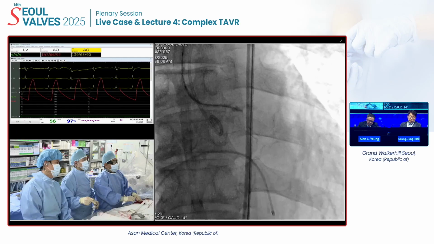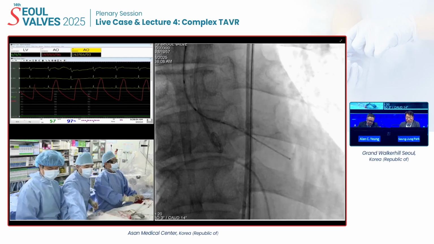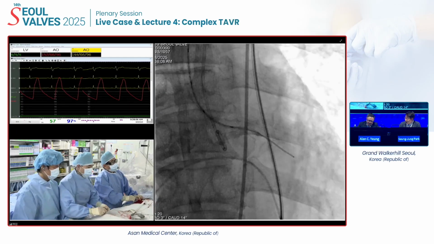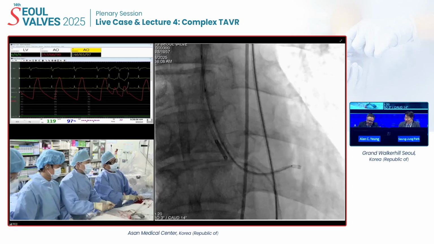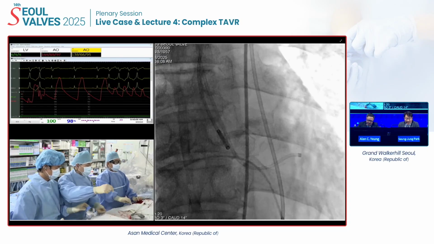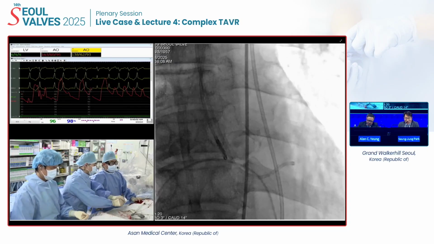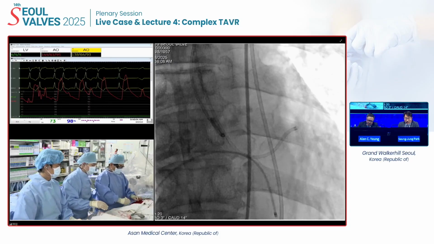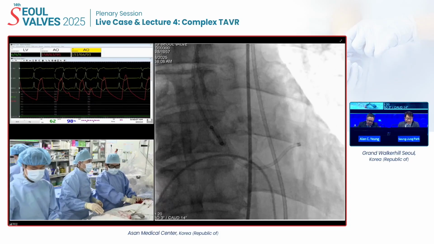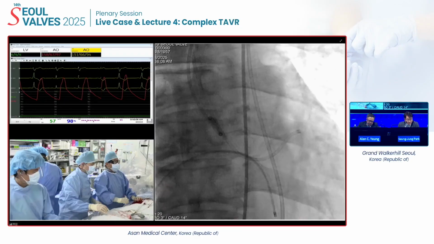I think between here. Do you routinely use a standard wire? I usually use the ring torque wire, a little bit stiffer wire.